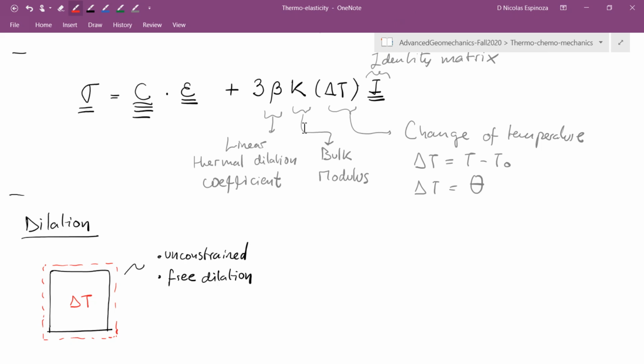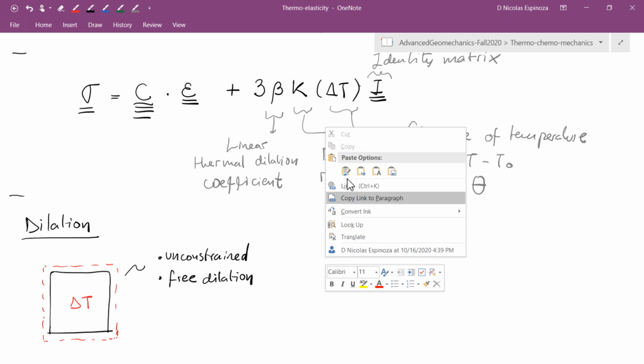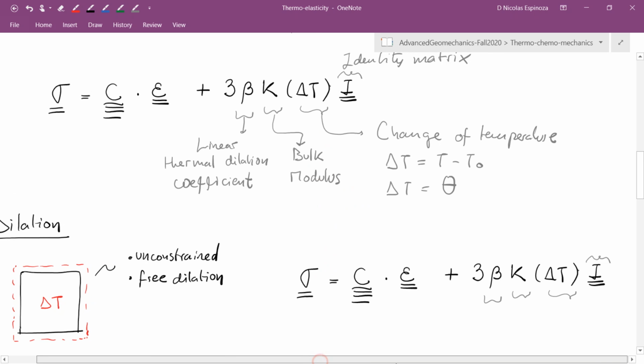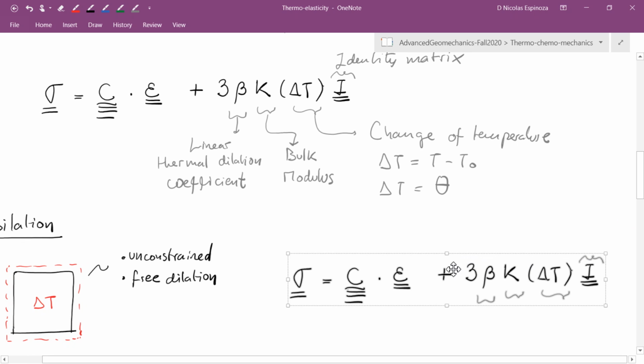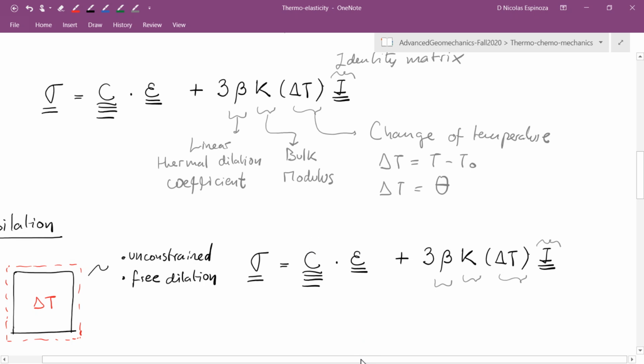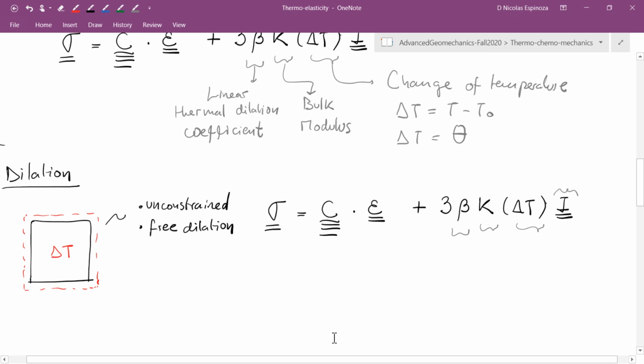Okay, so instead of writing everything again, let me copy this and paste it over here. It is the same equation that I had before. We're going to apply the conditions to this equation to see how we solve it. Since this is an unconstrained experiment, the stresses on the solid are going to be equal to 0.